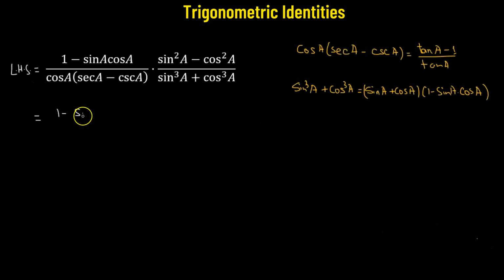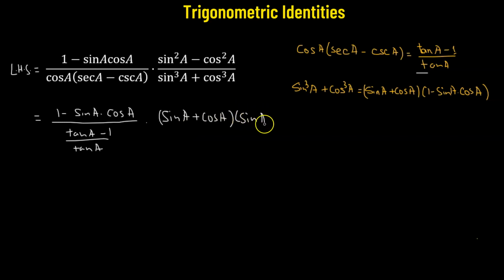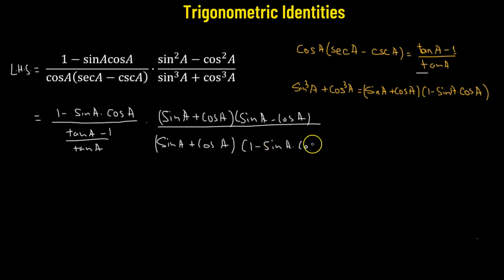So we have 1 minus sine A times cosine A whole divided by cosine of A times secant A minus cosecant A, that can be replaced with tangent of A minus 1 divided by tangent of A, multiplied to, here we have sine squared A minus cosine squared A. So we can use the identity A squared minus B squared, which will give us sine A plus cosine A multiplied to sine A minus cosine A whole divided by sine cube A plus cosine cube A. So that's sine A plus cosine A multiplied to 1 minus sine A times cosine A.